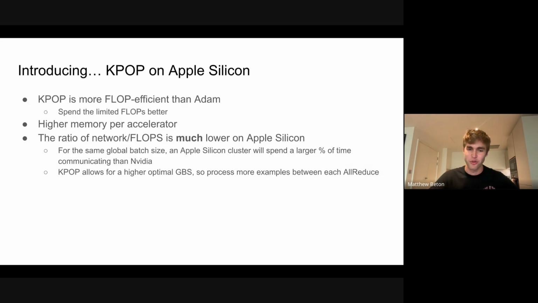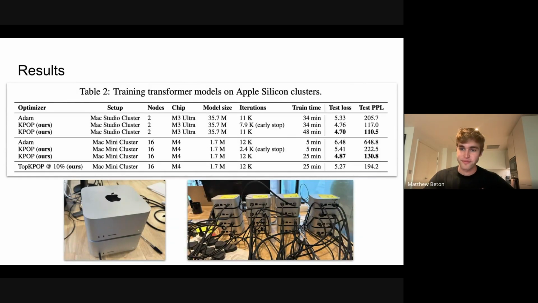I don't think we've exactly come up with the scaling laws for what the speed up is, but for these second order methods, we can push the global batch size higher. This means you can do more forward and backward passes before you have to do an all reduce and communicate. So you can spend more time computing and less time communicating and leaving the devices sitting idle.